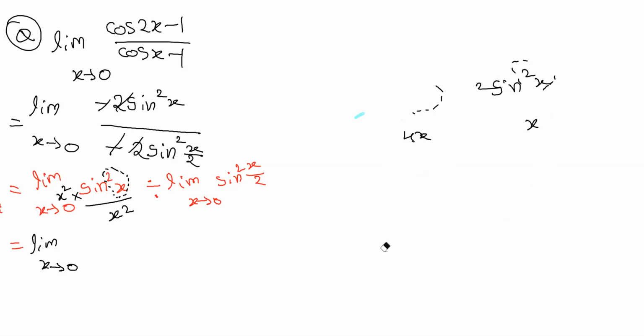Now just we will solve this. Multiplying x square and x square, and for the second term, we multiply by x by 2 whole square, x by 2 whole square.